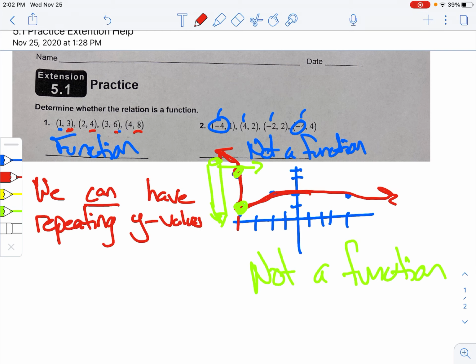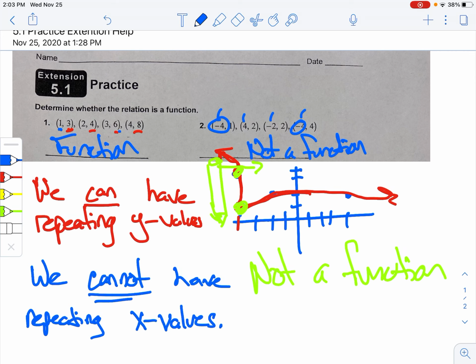We can have repeating outputs or y values, but we cannot have repeating x values. We can't take the same input and put it into a function 2 times. We can only put it in once.